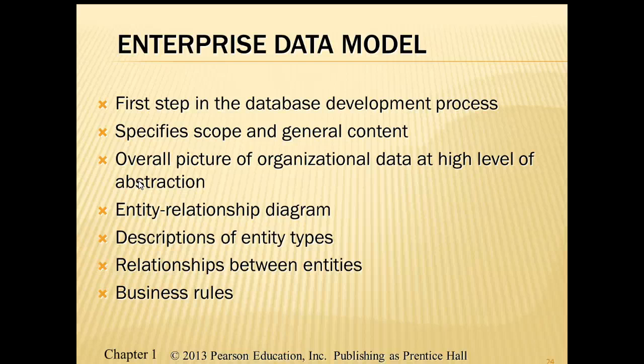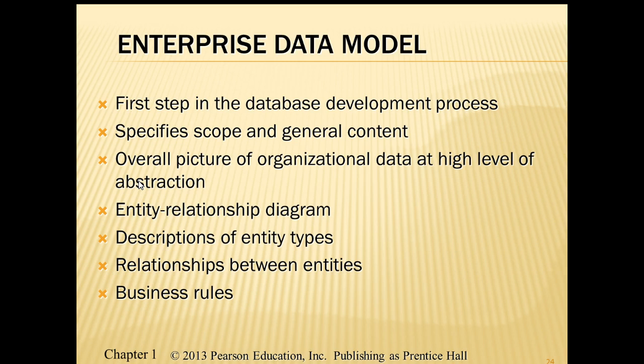Now it's important to note that this bullet says that it's the overall picture of the organizational data at a high level of abstraction. So that means that we're not going to get into how the queries are run against the data, or even the specific data that's going to be contained in the database. We're doing this at 50,000 feet, saying, okay, we're going to collect the information that's in this system, and contain it all in our resulting database system.